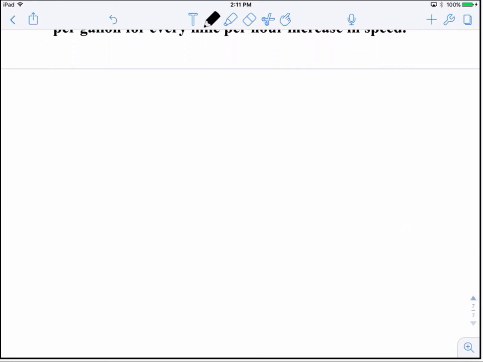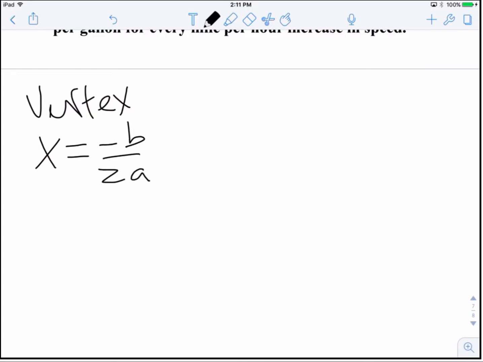So the vertex for this form is x equal to negative b over 2a, right? So from the equation, we know that a is equal to negative 0.03 and b is equal to 1.5.